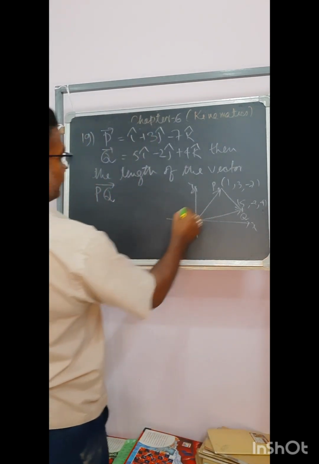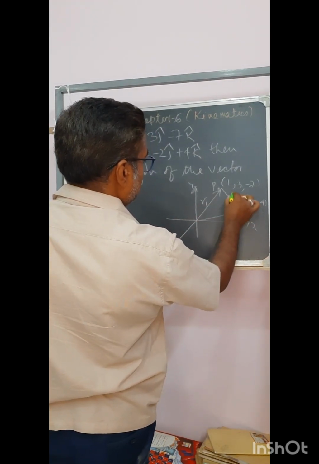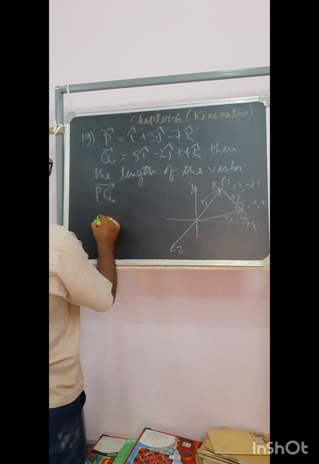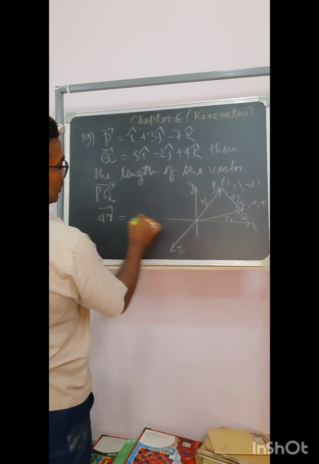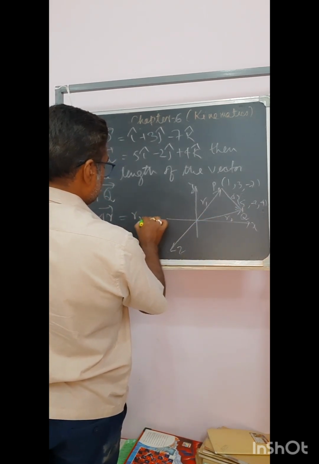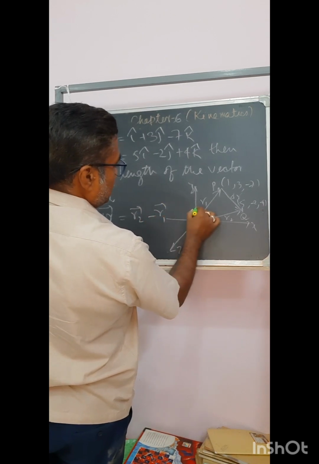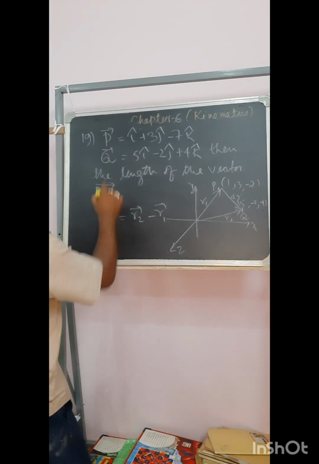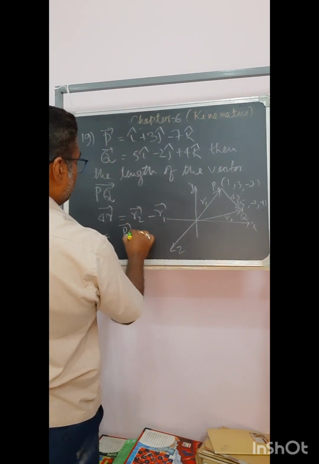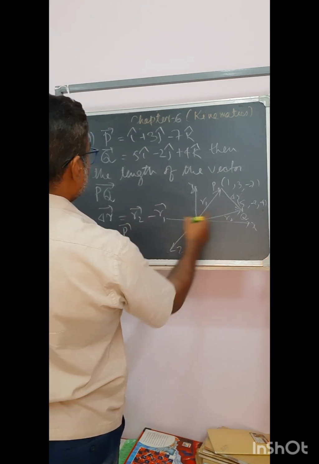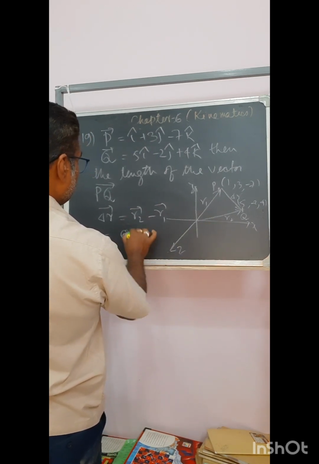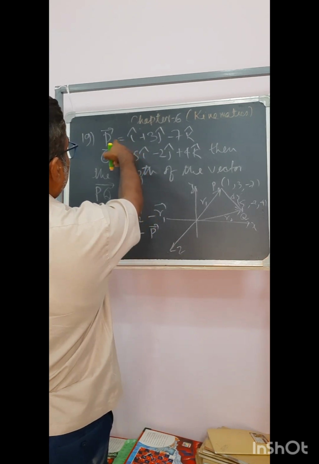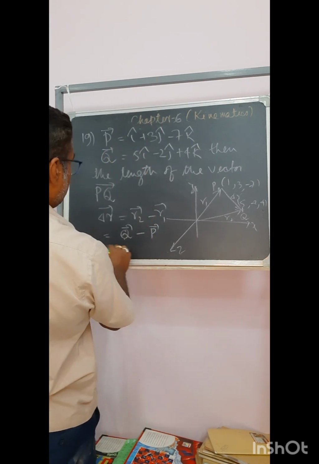If this is R1, this is R2, this is delta R, R1 plus delta R is R2. So delta R is R2 minus R1. Here R1 is P and R2 is Q, so this will be Q minus P. If I subtract, 5 minus 1 is 4i.